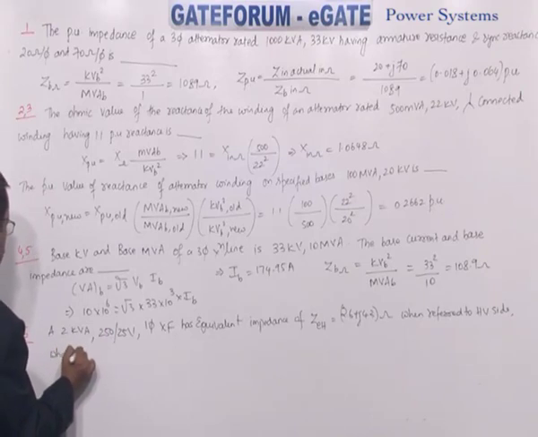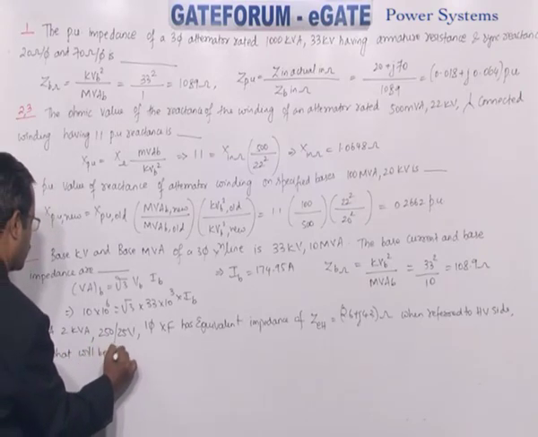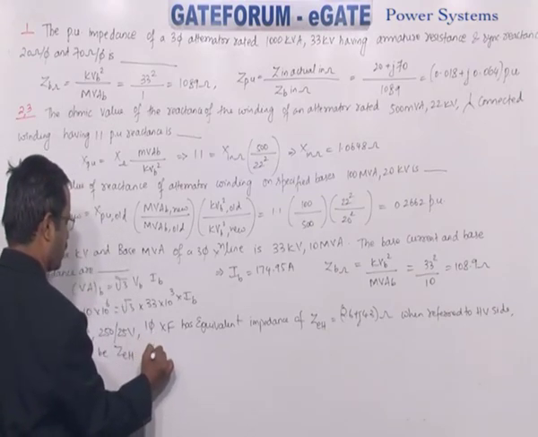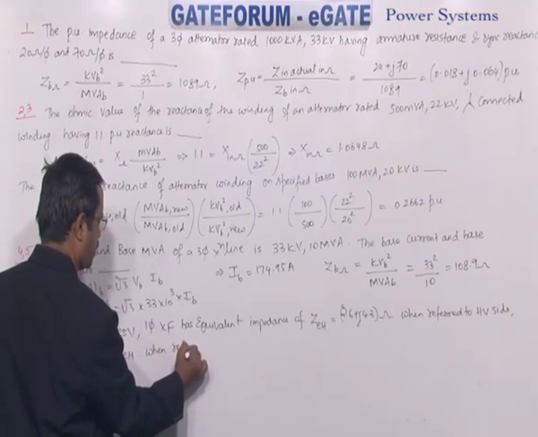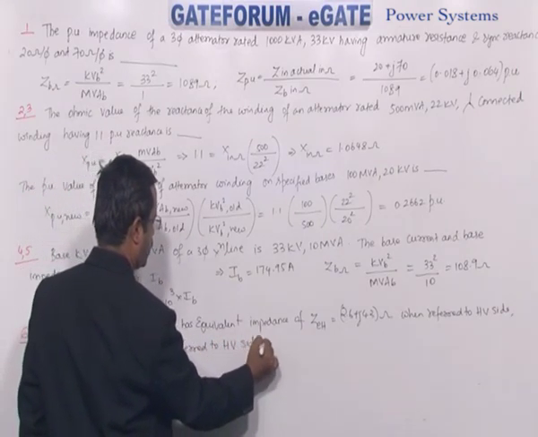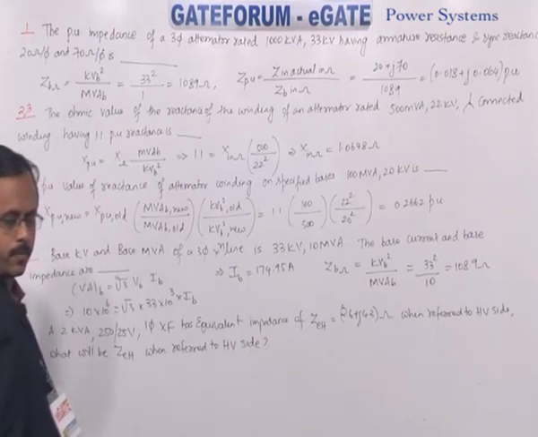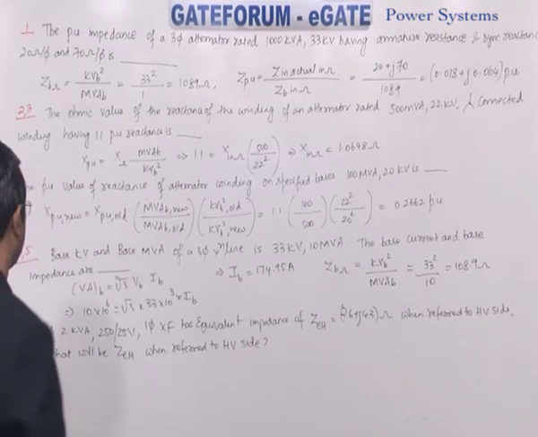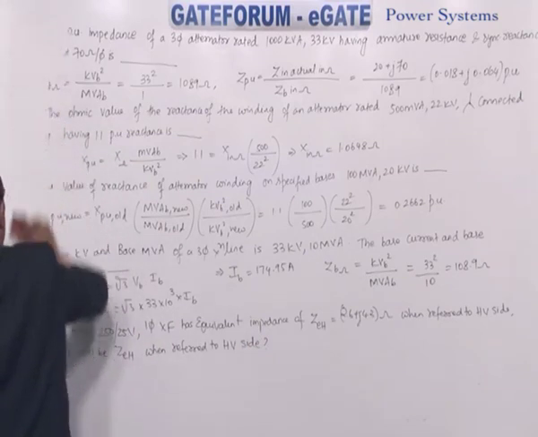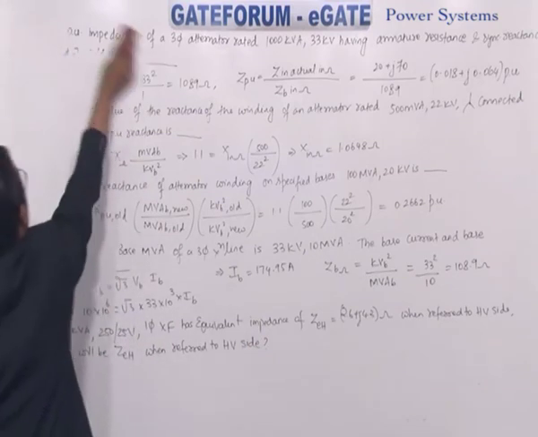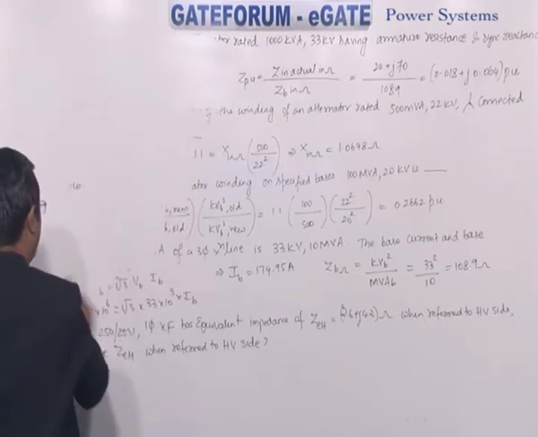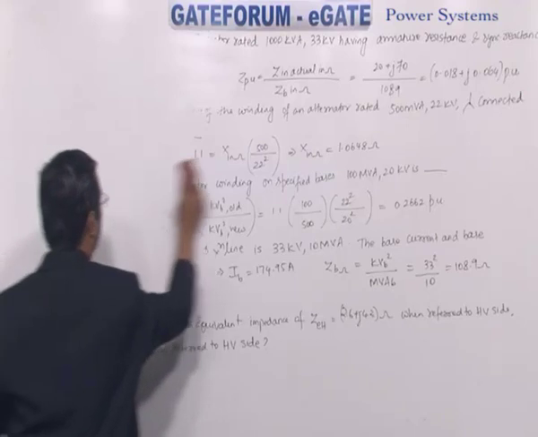Now the question is, what will be ZEH when referred to HV side?